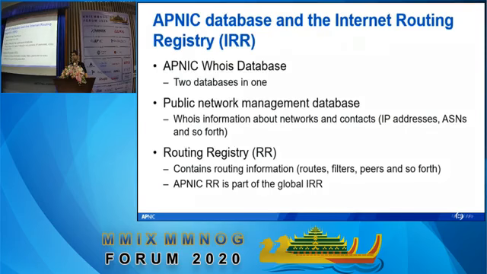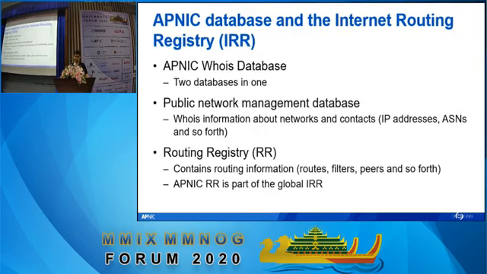One is the public network management database, where it contains all the WHOIS information, such as your IP address details and the contact, the custodian of the IP address block. At the same time, the APNIC WHOIS database is also acting as a routing registry. So it contains routing information, such as which AS number is announcing which IP prefix.